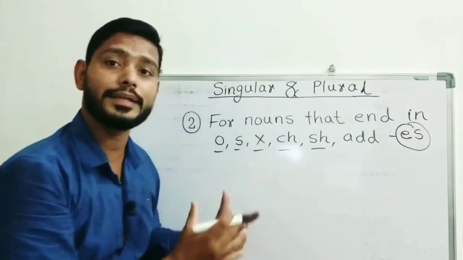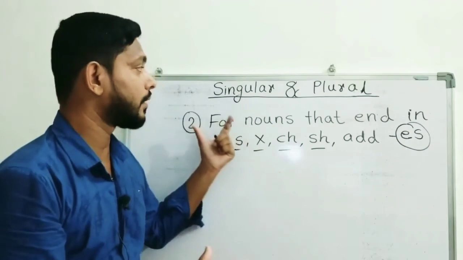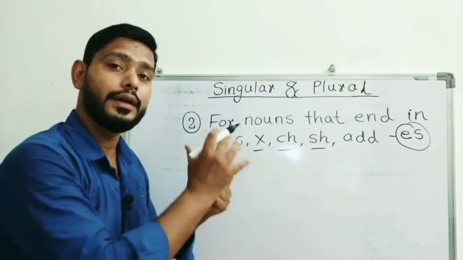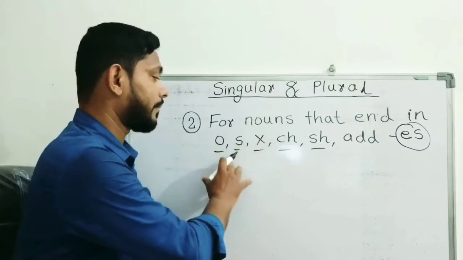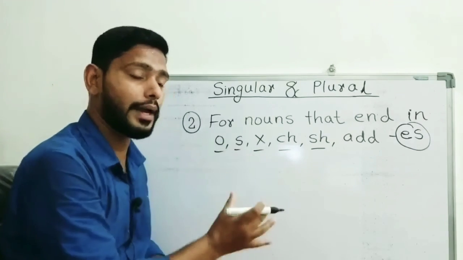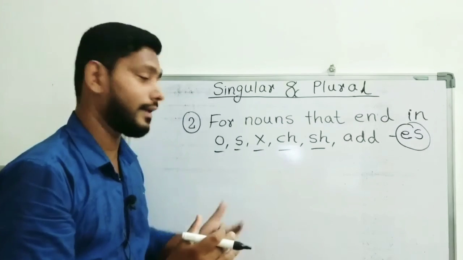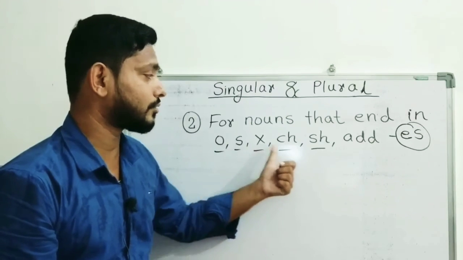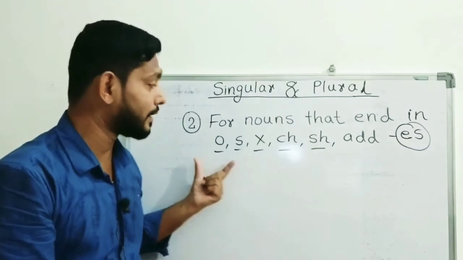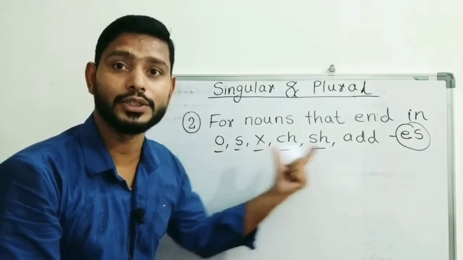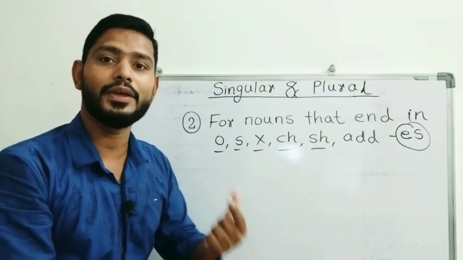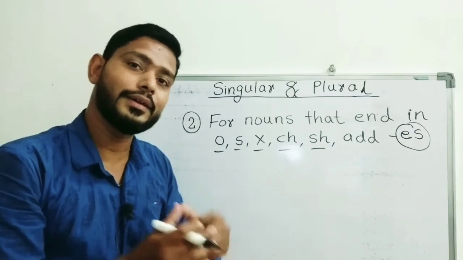So this is a basic rule that if you want to learn singular, plural nouns rules and all kinds of rules that we have to make from singular to plural noun, then this is the one that you have to keep in your mind, that for nouns that end in o, s, x, ch or sh, we'll have to add es at the end of these letter-ending nouns to make them into plural. So this is the basic rule that you have to keep in your mind if you are a language learner and if you are a beginner.